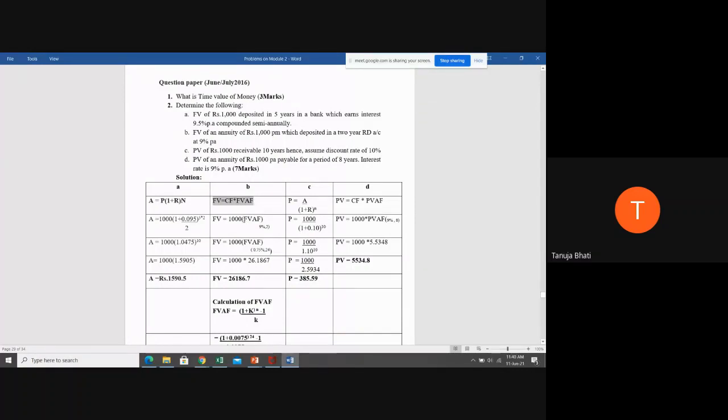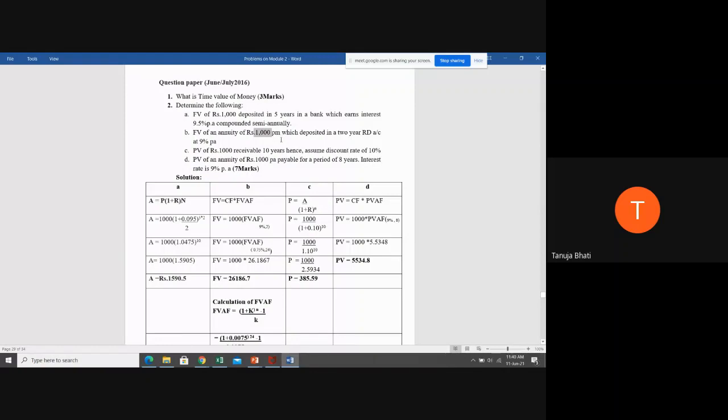Now students, the cash flow is 1,000 per month and for the future value annuity factor we have 2 years and 9%. But this is per annum. When the rate of interest is given, it is per annum, and the number of years is given annually, that is 2 years. But here the annuity is deposited per month.